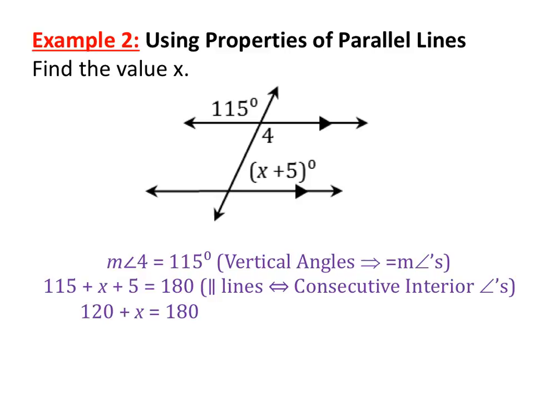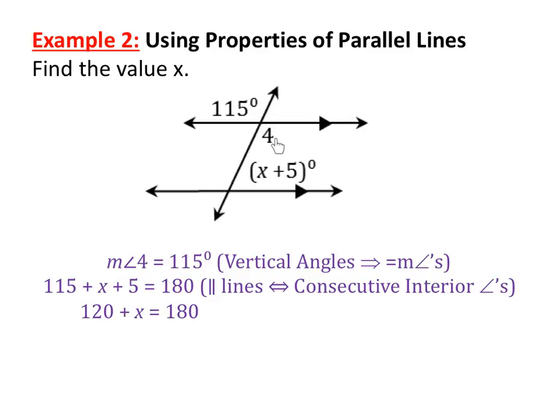So our next conclusion is that 115 plus x plus 5 equals 180, and that's because parallel lines implies consecutive interior angles are supplementary. So since consecutive interior angles are supplementary, we can set up our equation 115, so that's this angle, plus the x plus 5.